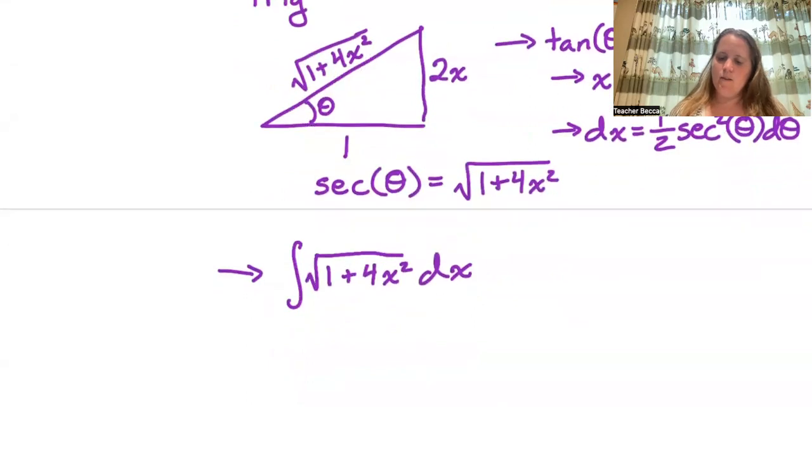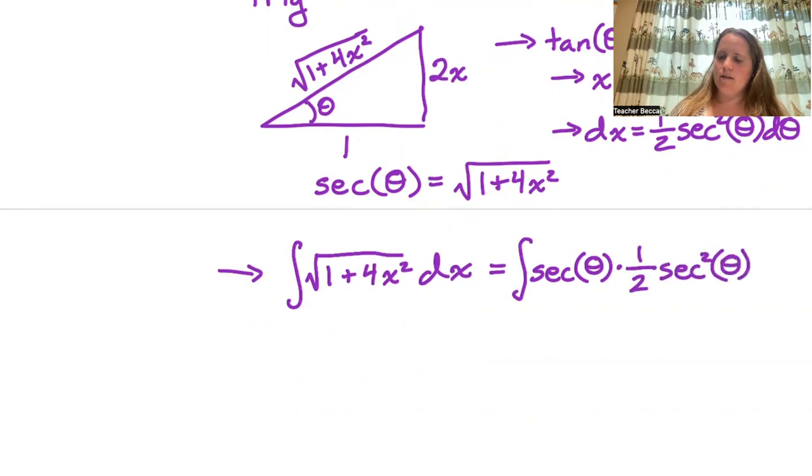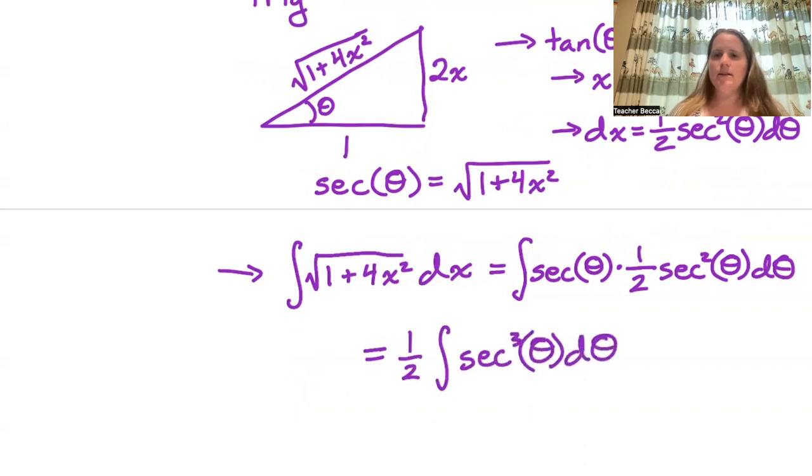This is the same thing as the integral of secant of theta times 1/2 secant squared theta d theta. So we are looking at 1/2 times the integral of secant cubed theta d theta.